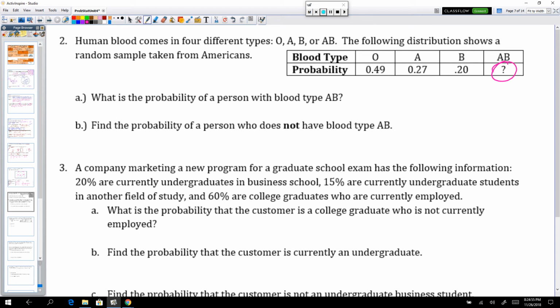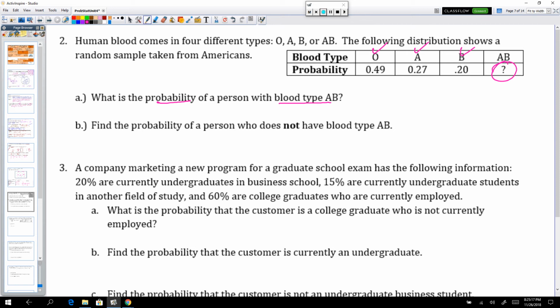They didn't lose who had O, who had A, who had B. They know those percentages. They just lost the percentage on AB. But can we back into that? Can we find the probability of a person with blood type AB if we know all the other ones? Hopefully you're thinking to yourself, of course I can. I know that all of the probabilities add to 1.